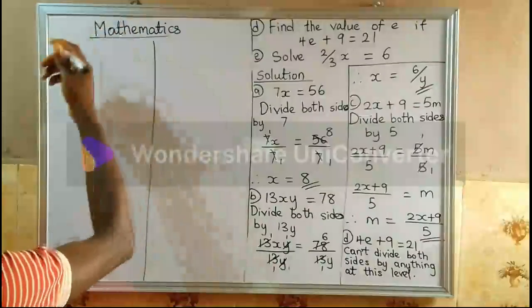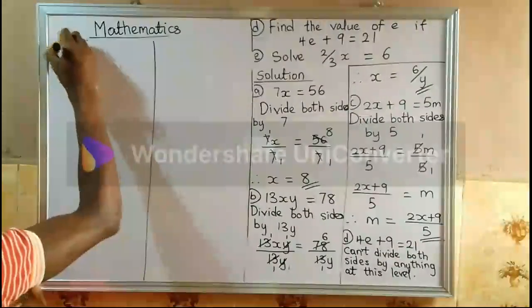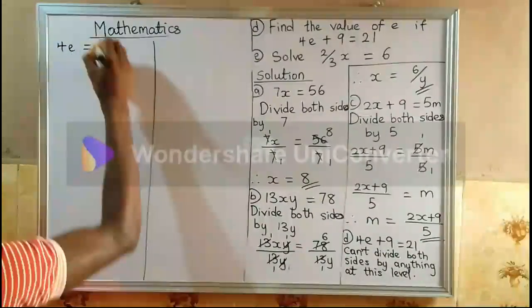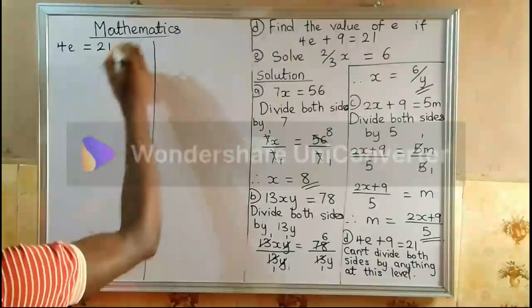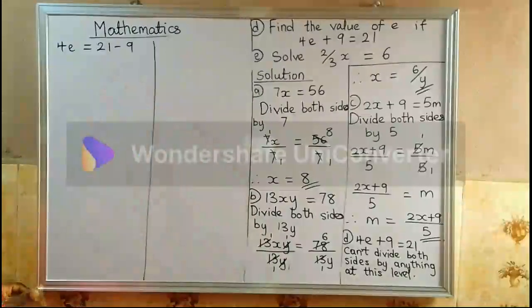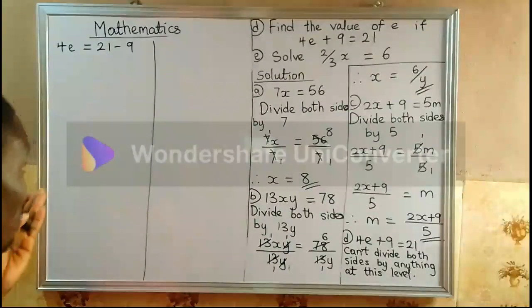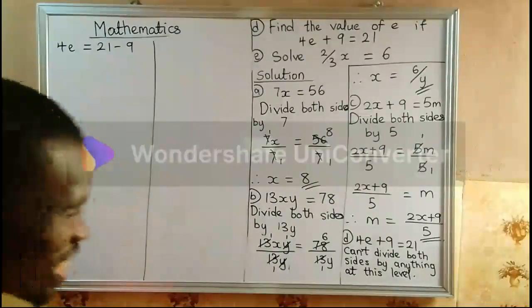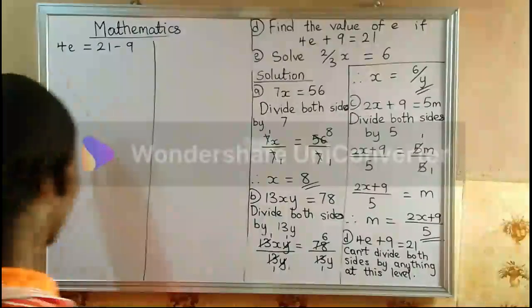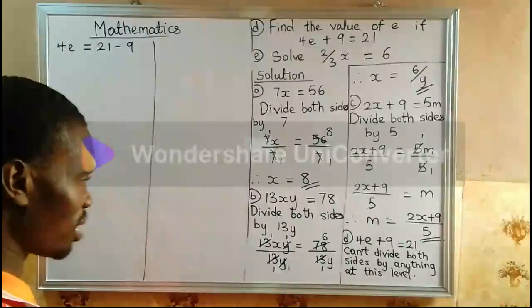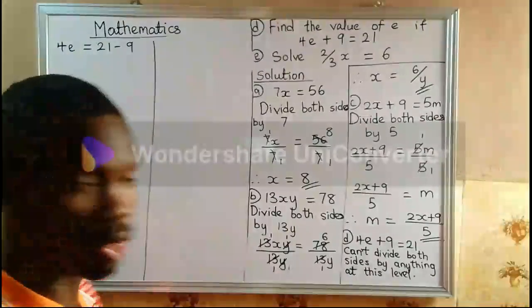But just watch me as I do it. So 4e equals 21 minus 9. I may eventually explain what collecting like terms means here. Like terms are terms that look alike.